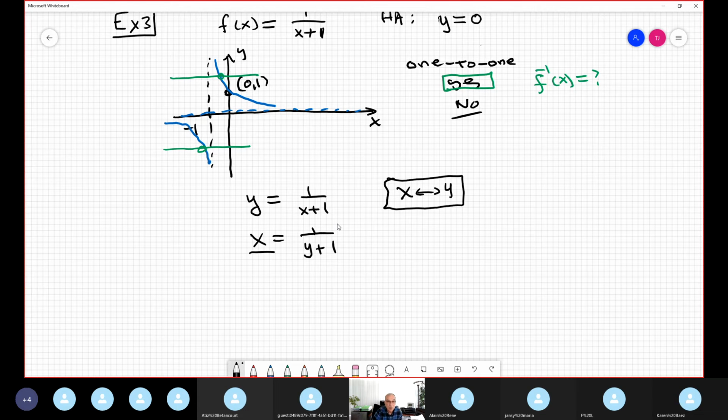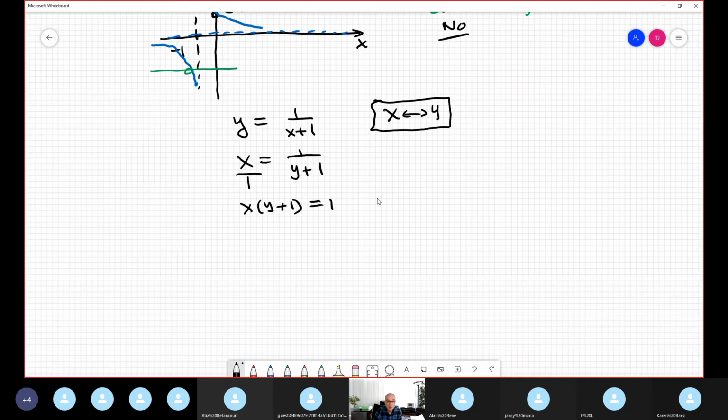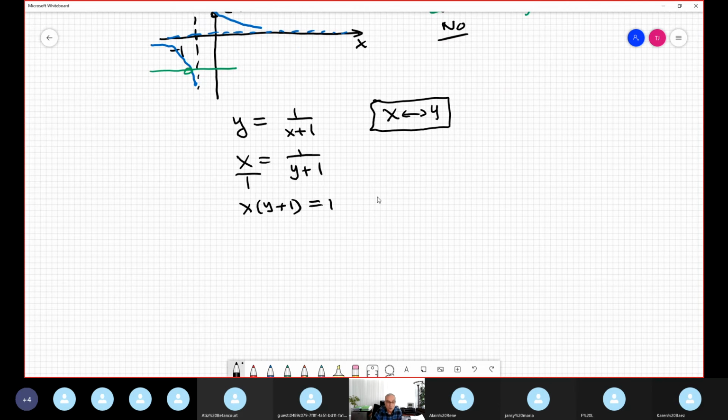So I propose you consider it like a proportion, cross multiplication: you multiply x times y plus 1 equals 1. Okay, now I remove the parentheses: xy plus x equals 1. xy is equal to 1 minus x, divided by x. y is equal to 1 minus x over x.